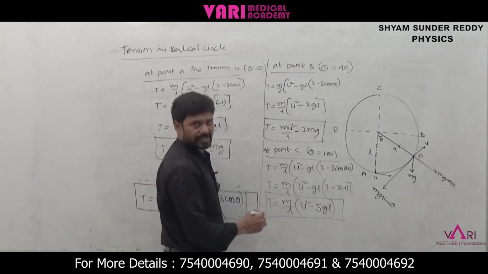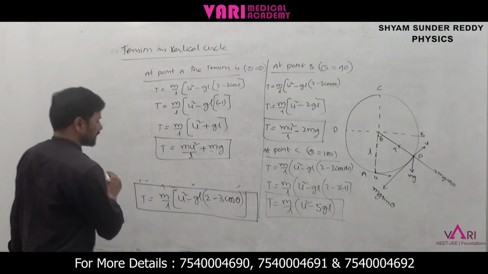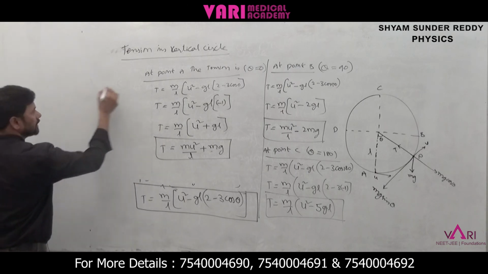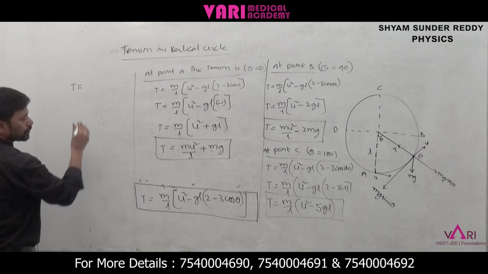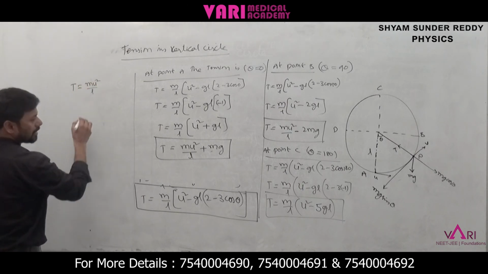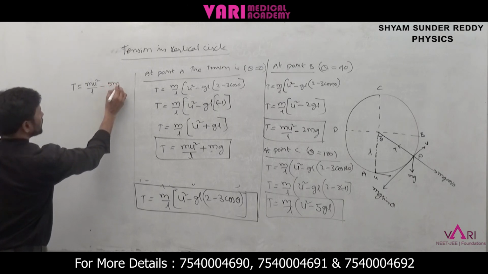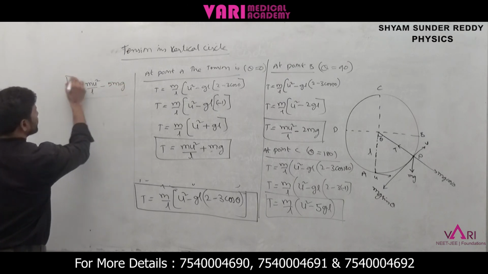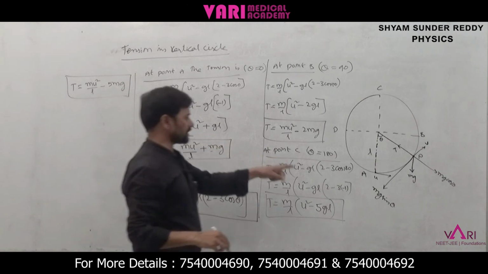Finally, we can write, just observe this, T is equal to mu square by L minus 5mg.